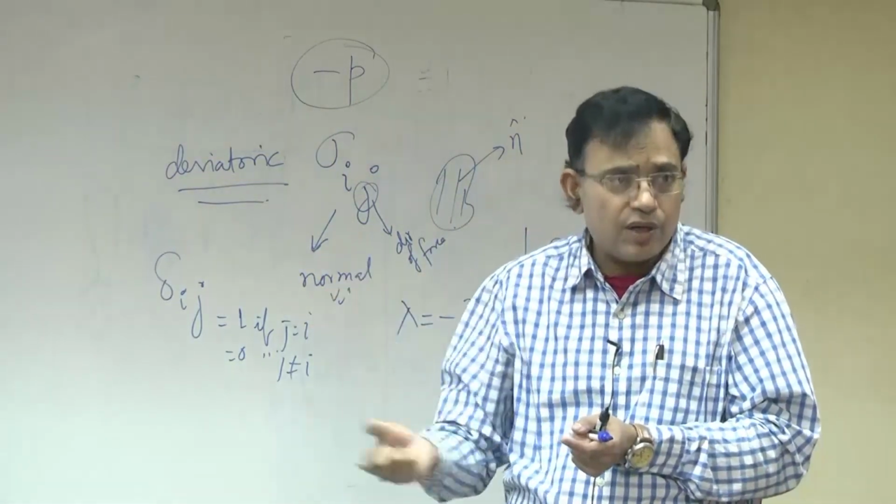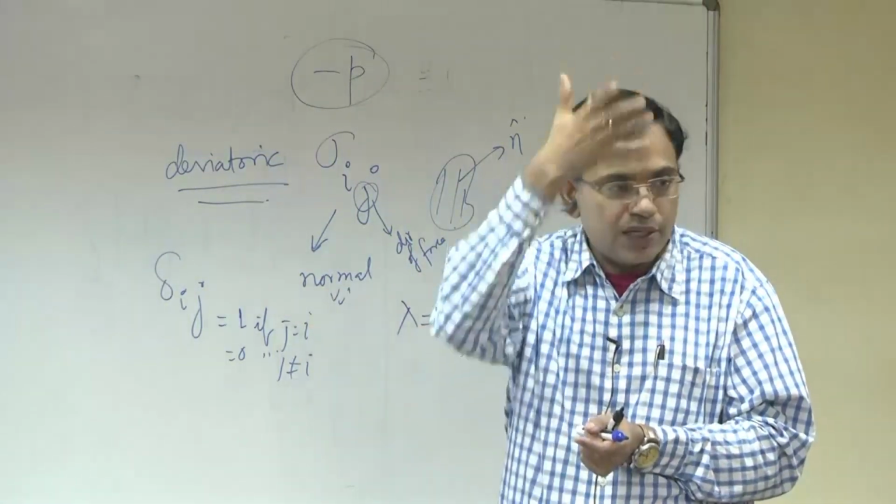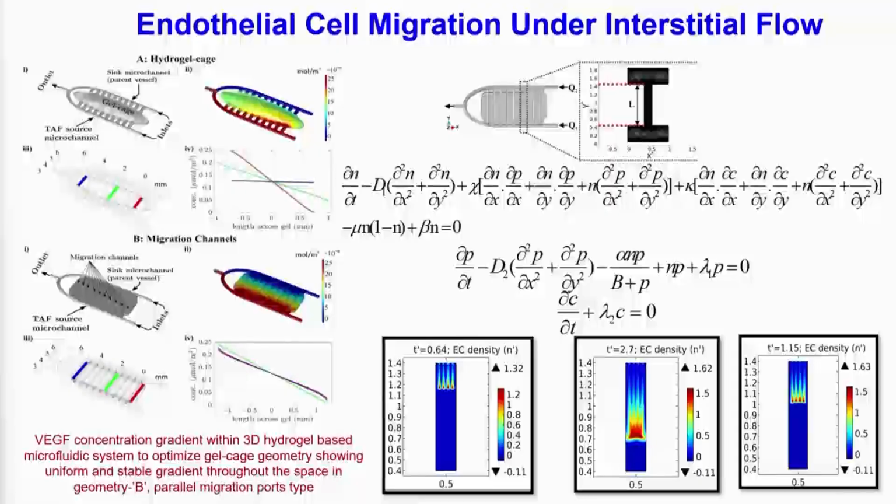So, in a chemical environment there is diffusion, something is created, something is depleted. All those things are there with two variables, n for the endothelial cell density, number density per unit volume, and c for the growth factor. In that way we can have coupled differential equations.